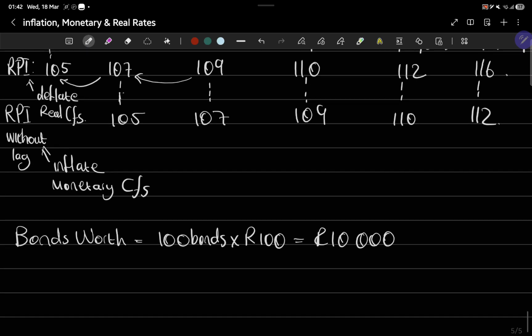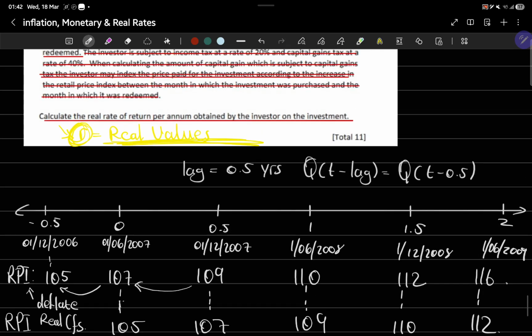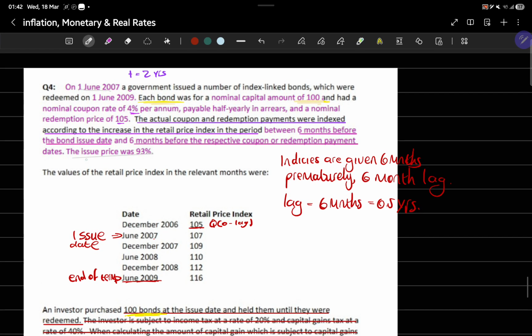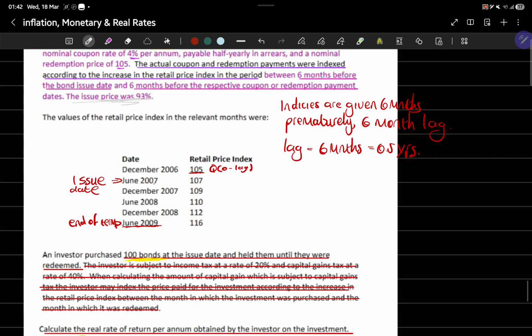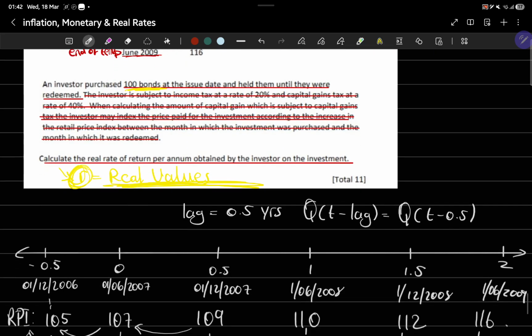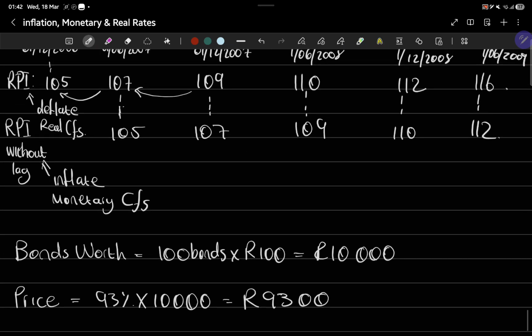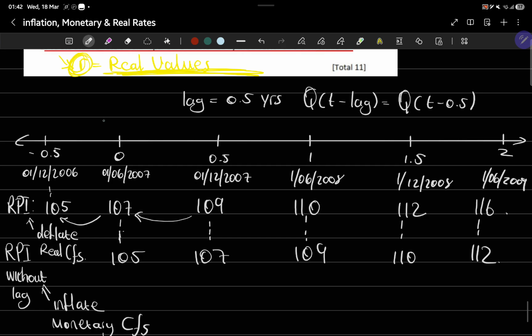And the price is equal to 93% times 10,000, which is 9,300, because they said the price of issue is 93%. So 93% times 100, and that goes for each bond that he bought. So at time 0 we have 9,300.